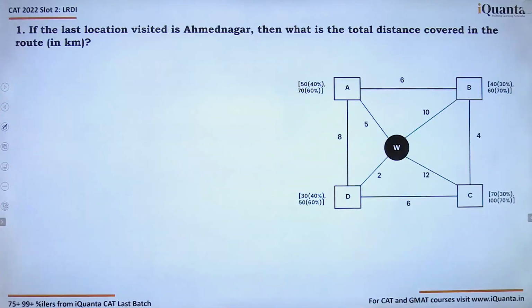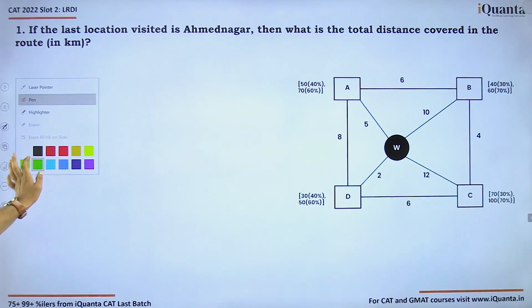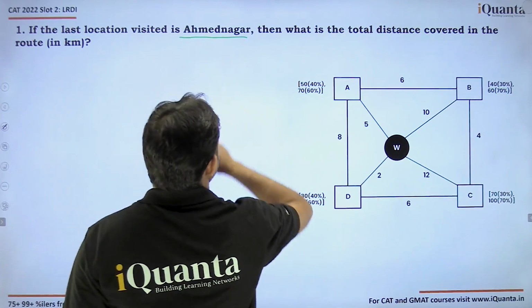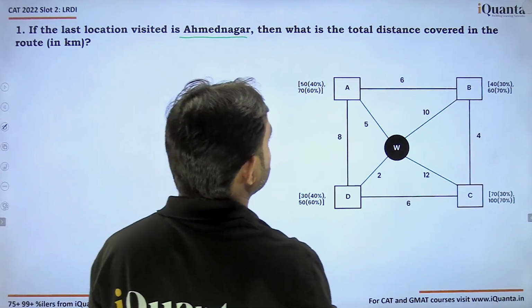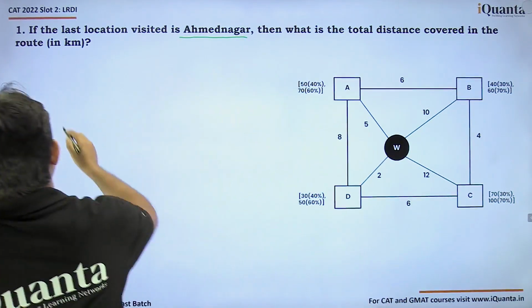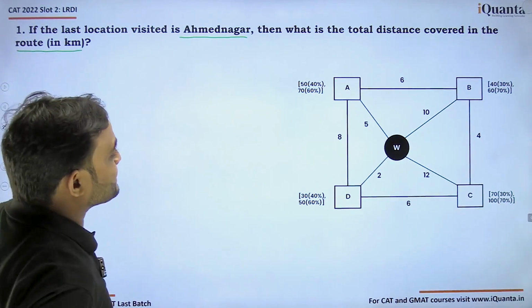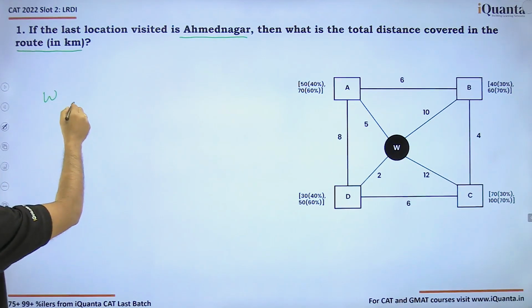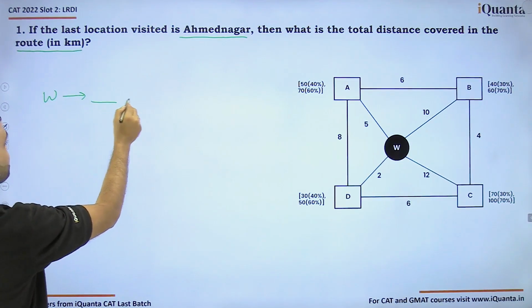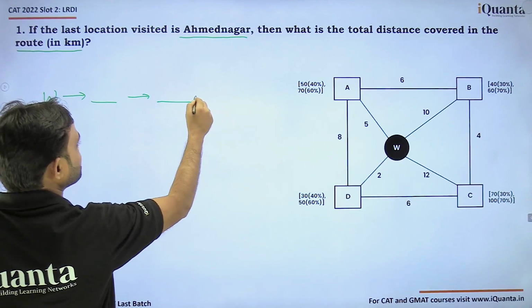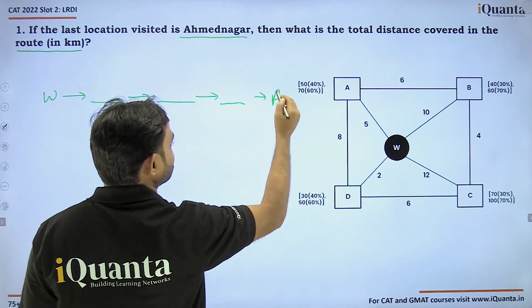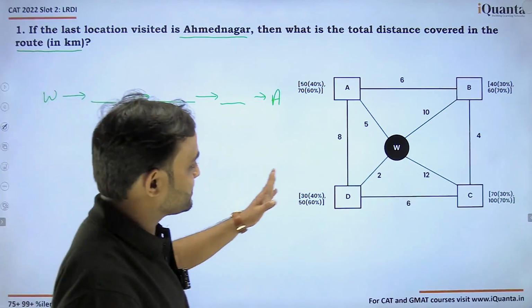Now, the first question says: if the last location visited is Ahmednagar, then what is the total distance covered in the route? So Ahmednagar is the last location. We are going to start from W, then first location, then second location, then third location, and then comes Ahmednagar.